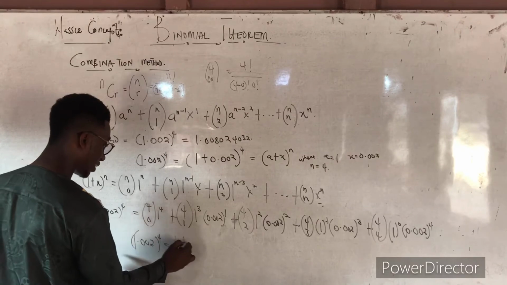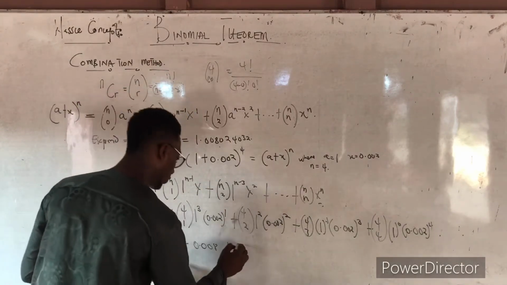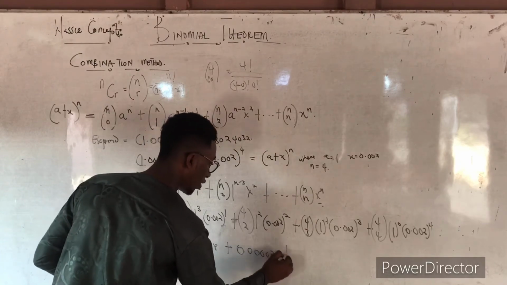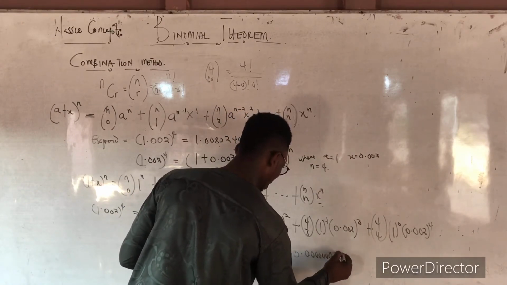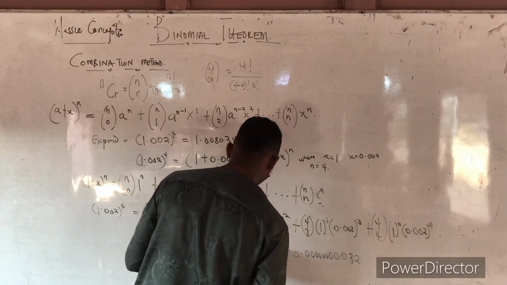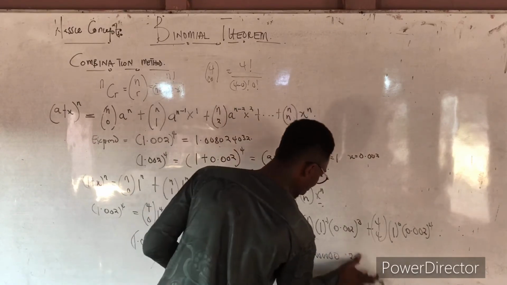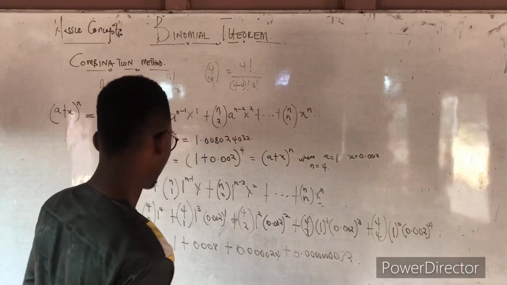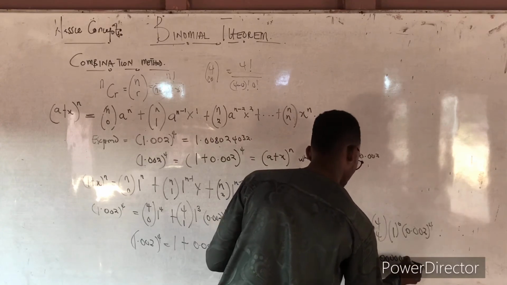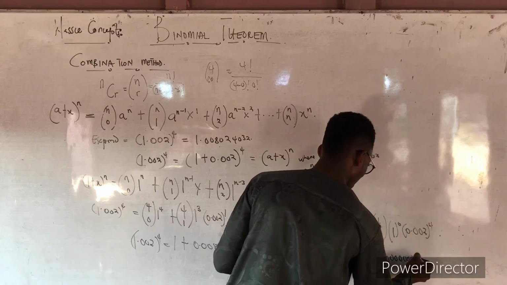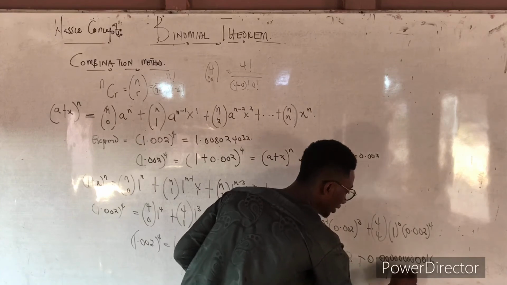From the first term you get 1, plus 0.008, plus 0.000024, plus 0.000000032, and the last one is 0.000000000016. So in simple form, that will give 1.6 times 10 to the power negative 11.